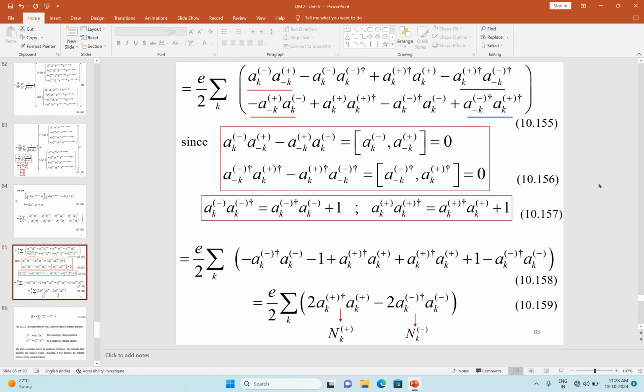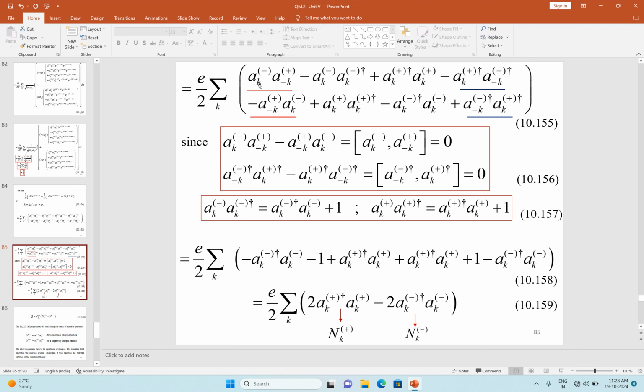Now I have written the same equation now. See here, e by 2, the same equation I have written. Now I am going to simplify using commutation rules. You just take the first two terms. It exactly resembles AB minus BA, which gives you the commutation of A comma B, which is equal to 0.